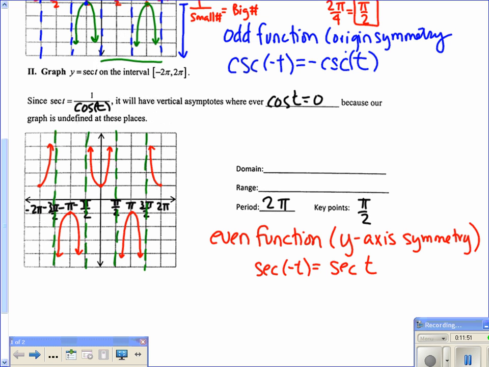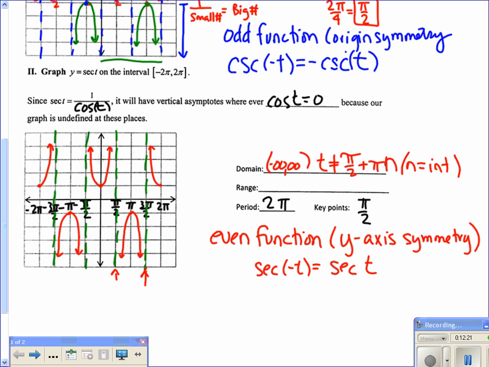The domain for this function is all real numbers except, so negative infinity to infinity, except t values cannot be equal to everywhere we have asymptotes. Everywhere we have asymptotes starts at pi over 2, then we have 3 pi over 2. Notice the distance between each one is pi, so we start with the first one, pi over 2, plus pi times n, where n is an integer.